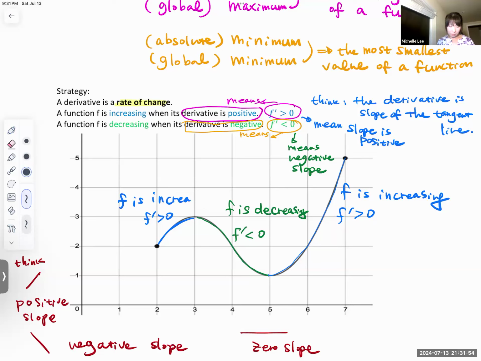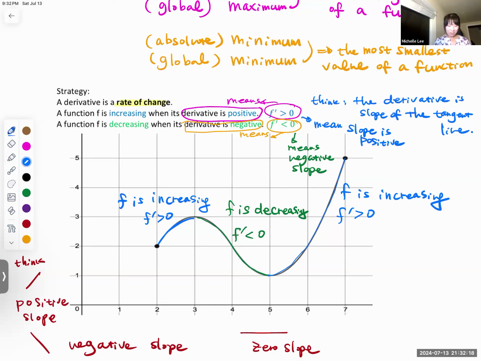Increasing, correct? Okay, so I just talked, it's a positive slope, this is a negative slope, it is 0 slope, right? Like with the breakdance, yeah? So positive, negative, 0, positive, negative, 0, positive, negative, 0, yeah?